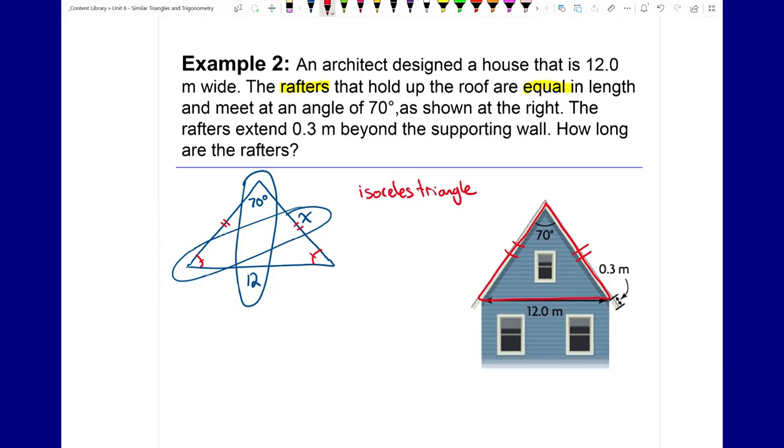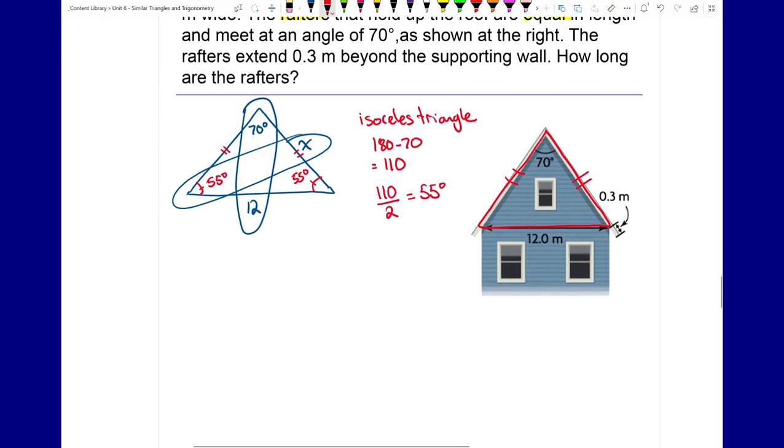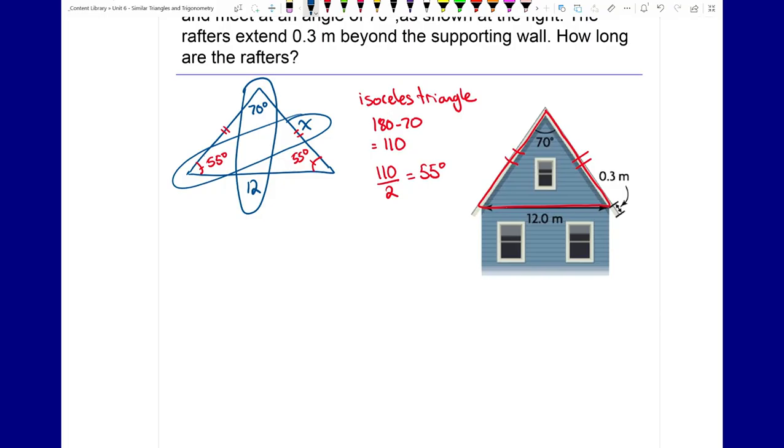If we know what one angle is, I can subtract it from 180 and get 110, and then divide it by 2 to split it up evenly between the two angles and get 55 degrees. So now we have enough information to go through and find this missing side length. It did require a little bit of prior knowledge, but we have enough information to use our sine law.